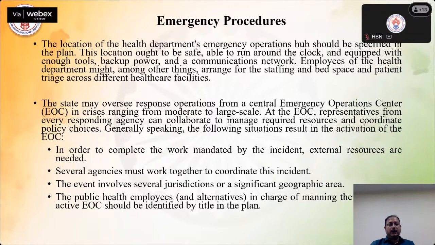The employees of the health department might, among other things, arrange for staffing, bed space and patient triage across different health facilities. All these parameters should be well planned, and they should be in a safe zone so that they are not affected and can work tirelessly to safeguard lives, because it's a disaster situation and it will need extra effort from every entity.